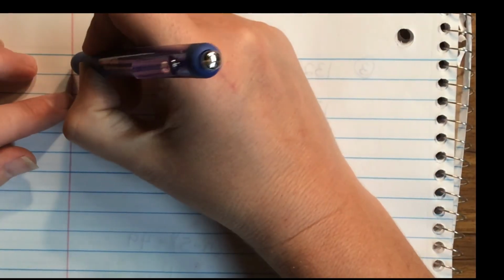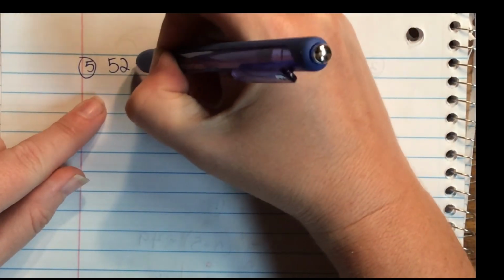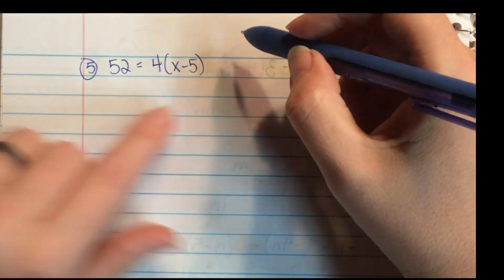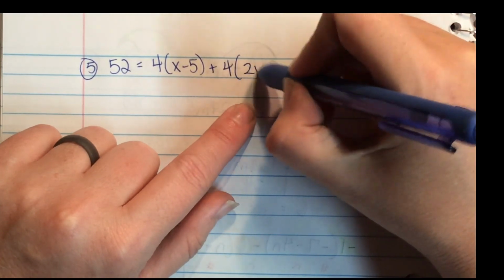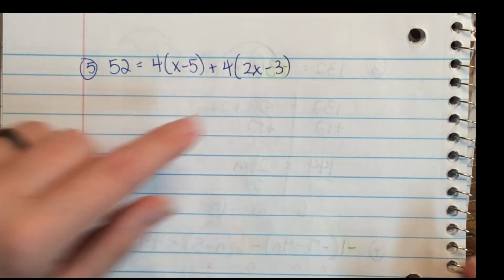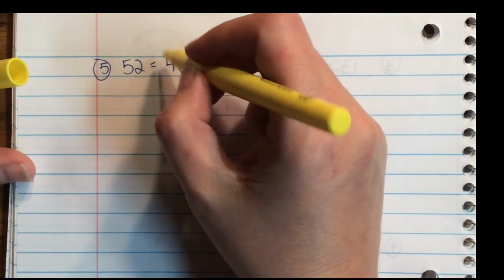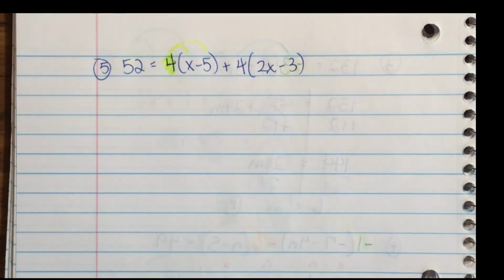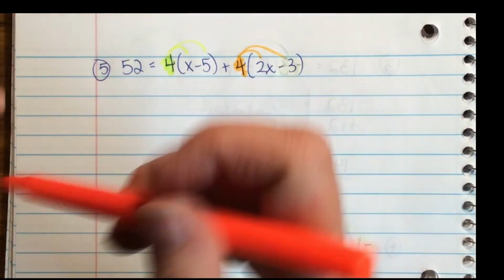So number 5, we have 52 equals 4 times x minus 5 plus 4 times 2x minus 3. All right, so once again, we have two things we're going to distribute. It just so happens they're both the same number and sign, so that's different, but that's okay.